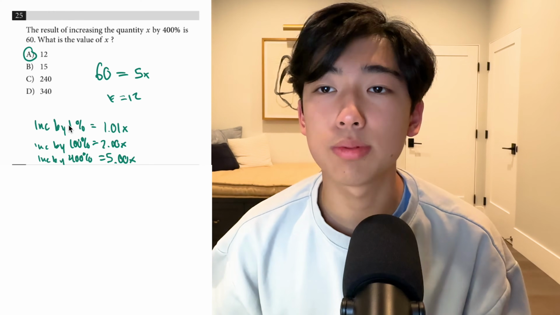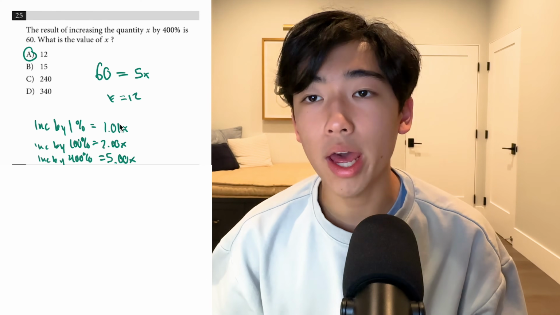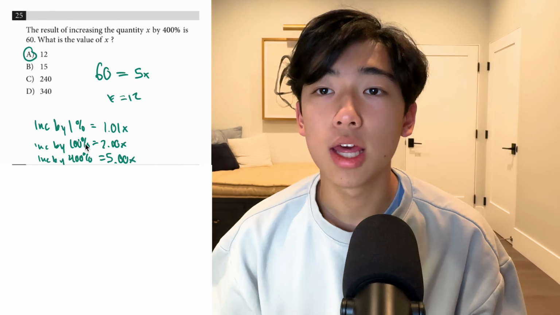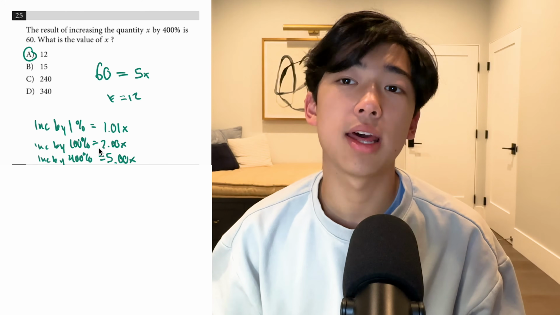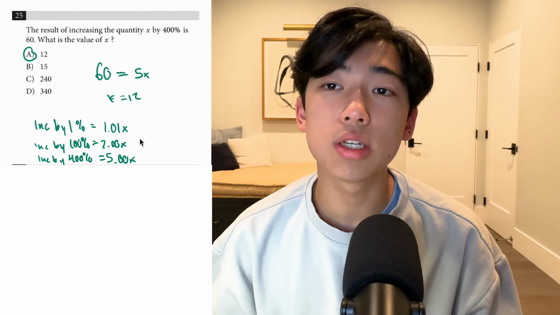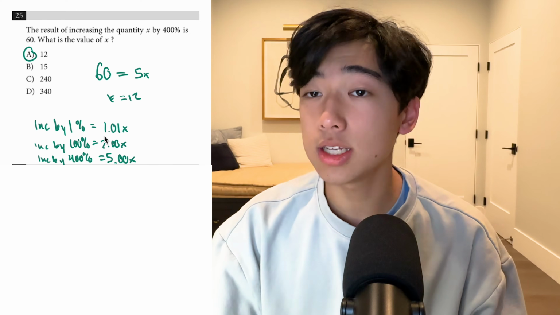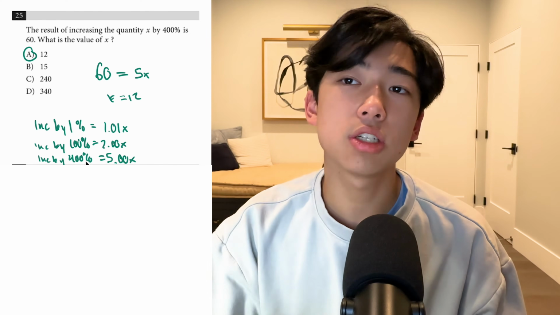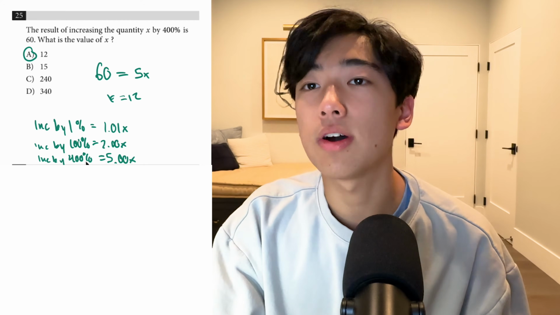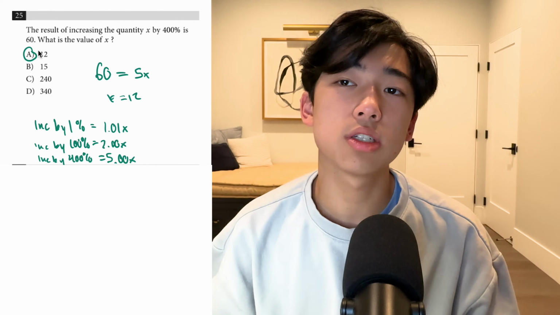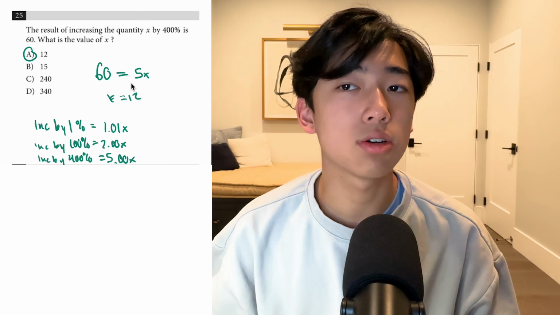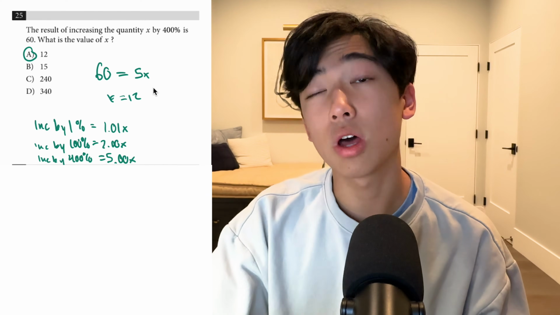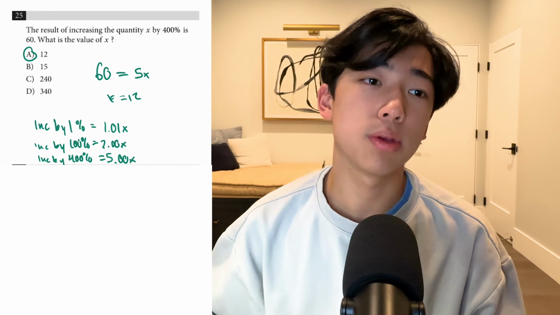So here, if you're increasing by 1%, you'd have the original x plus this 1%. If you're increasing it by 100%, then you're not just doing 1 times x, but you're doing the existing value plus another 1 times x. So it'd be 2x. So if you're increasing by 400%, that's actually 5x. So that's why if we create this equation, 60, which is the final answer, equals 5x, you find x equals 12, not 15, which may trick some people.